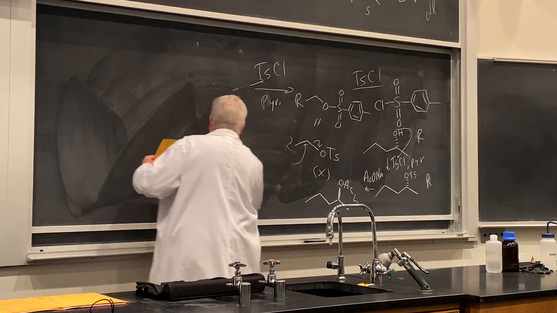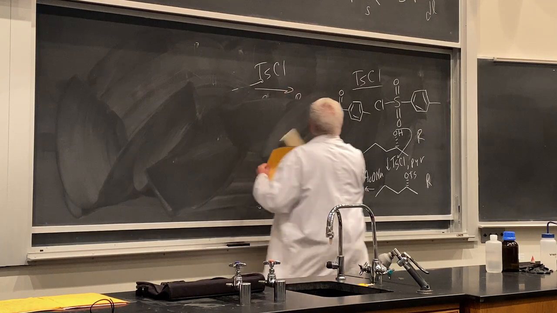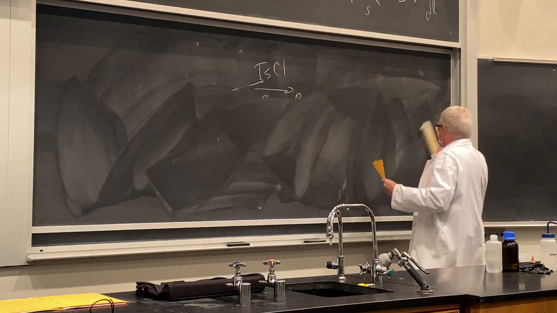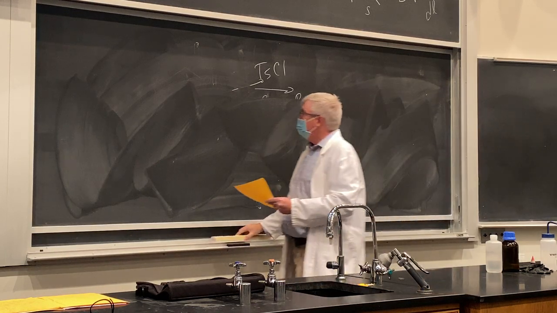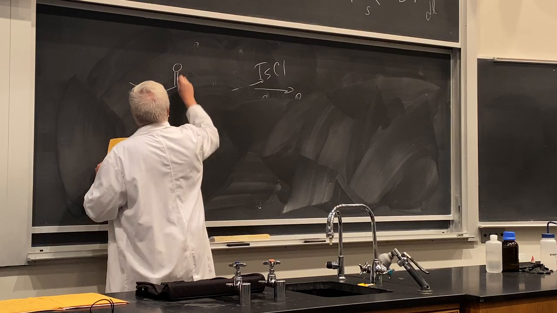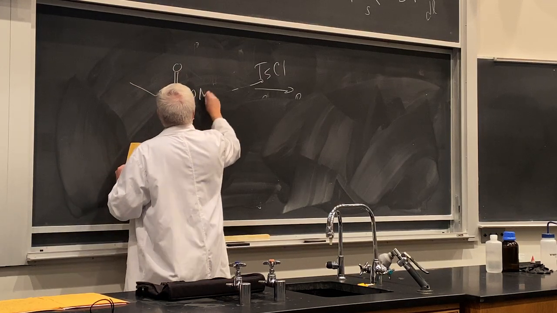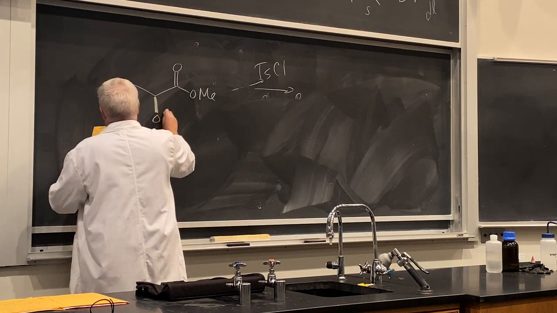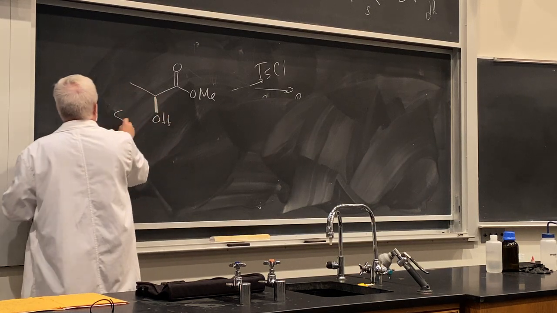In fact, this is a fundamental reaction that involves a biological molecule, lactate or lactic acid. And lactic acid is this compound here. We're going to look at the methyl ester of lactate, and this is one that's available in nature.